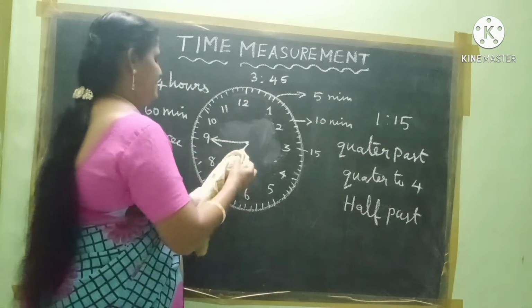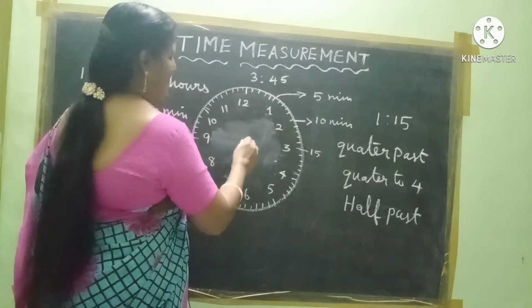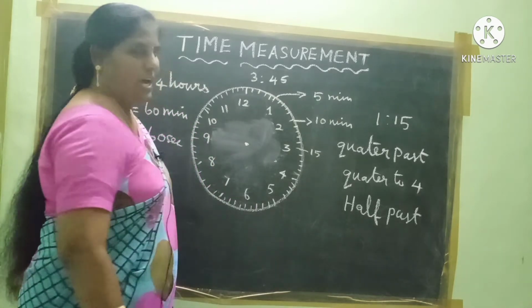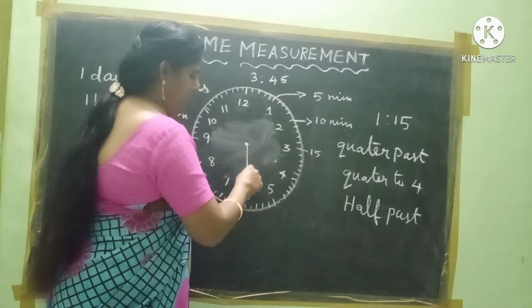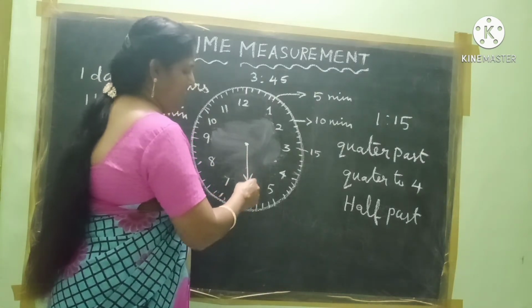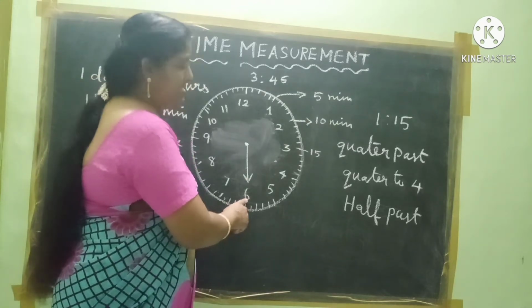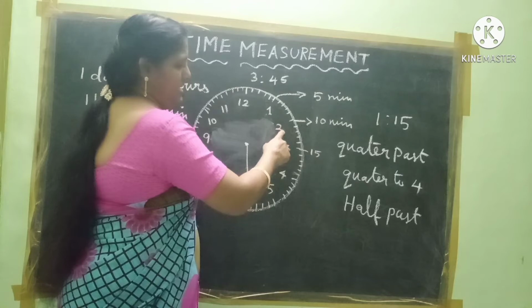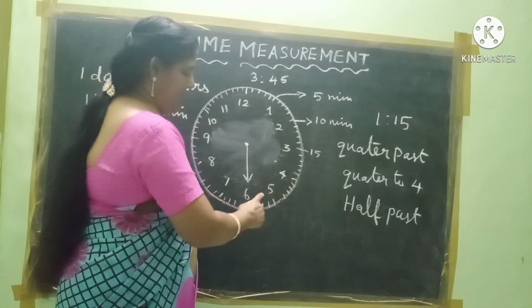So next one, now we are going to see the half past. Half past means when the minute hand is pointing on 6. What are the minutes for 6? Yes, 5, 10, 15, 20, 25, 30.